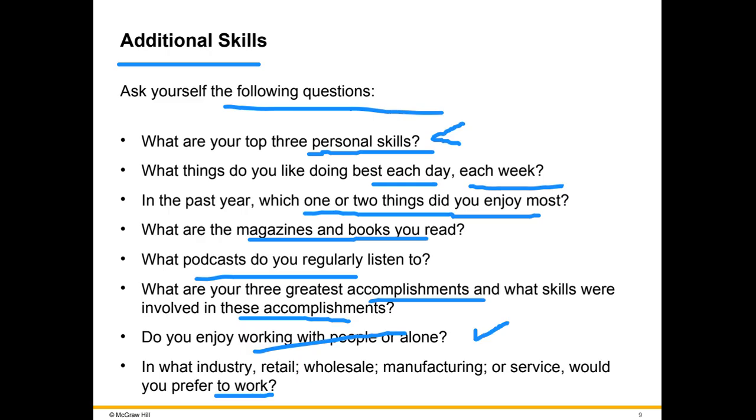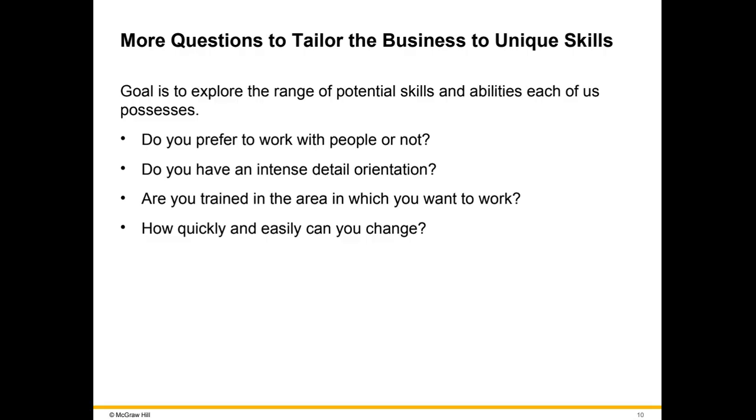Okay, more questions. You should have a goal to explore the range of potential skills and abilities each of us possesses. As Allah subhanahu wa ta'ala has made each one of us different from others, we have to identify what is unique in me that other people don't have. Do you prefer to work with people or not? Do you have an intense detail orientation? Do you understand things?